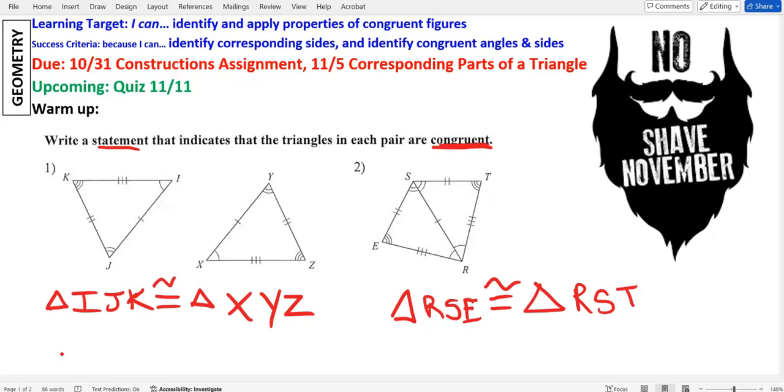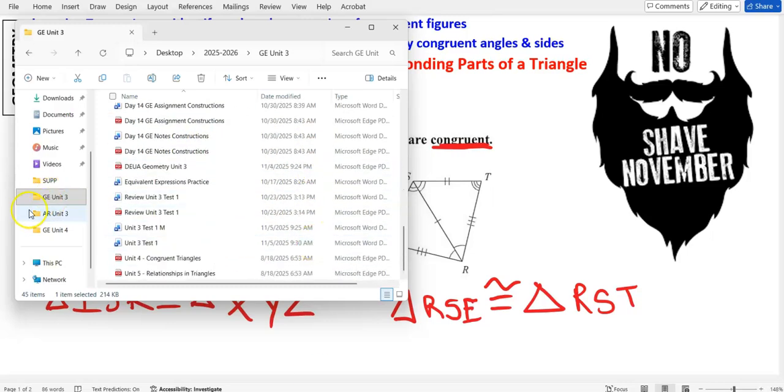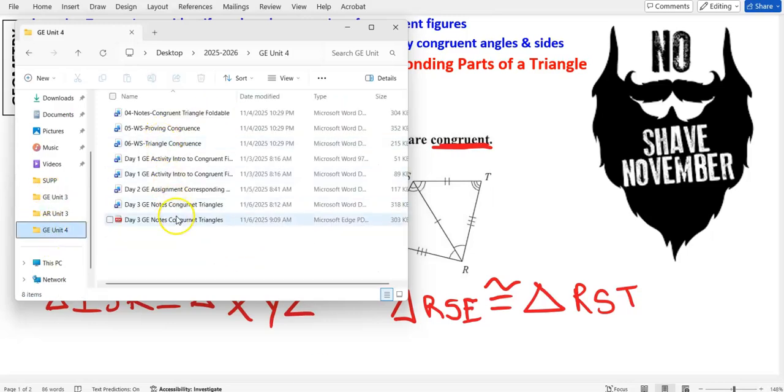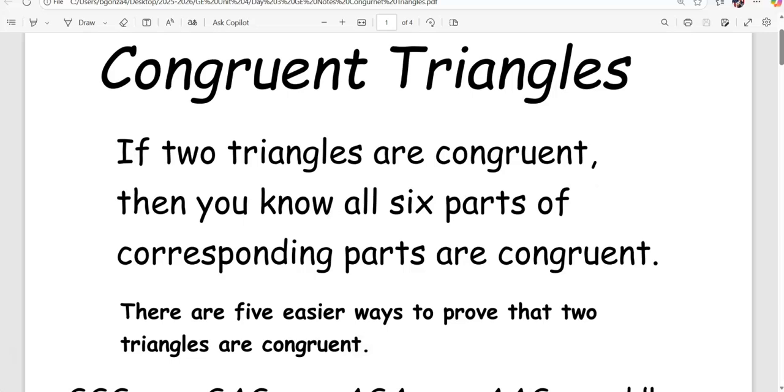All right, let's talk about it. Okay, now, congruent triangles. If two triangles are congruent, then you know all 6 parts of the corresponding parts are congruent.